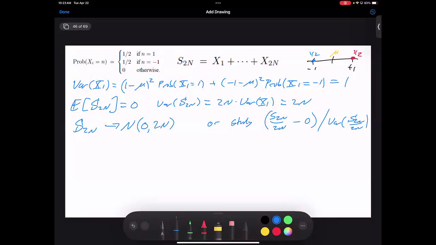Any thoughts as to why I'm looking at 2n for the number of tosses? I'm doing it this way. My possible values for S2n will be 0, plus or minus 2, plus or minus 4, plus or minus 6.